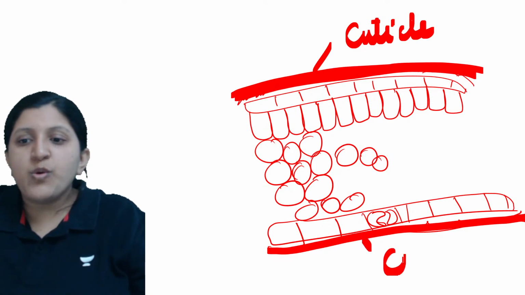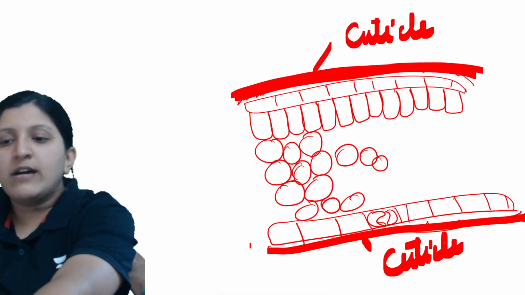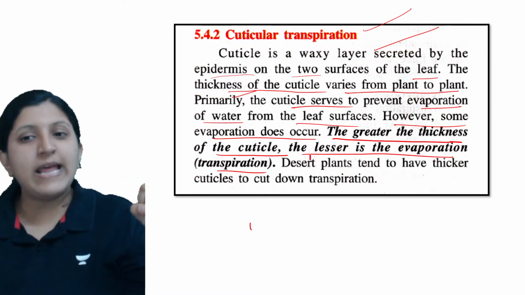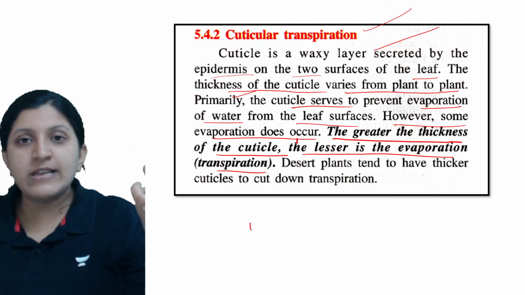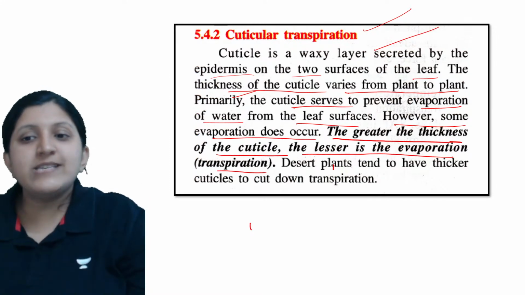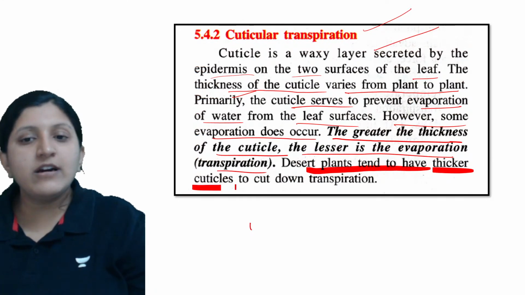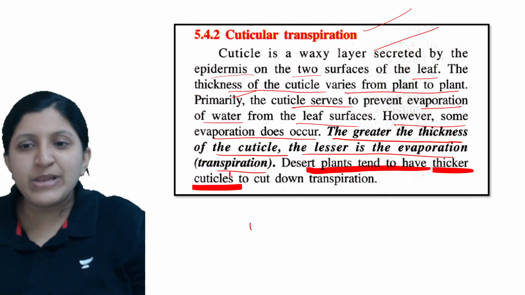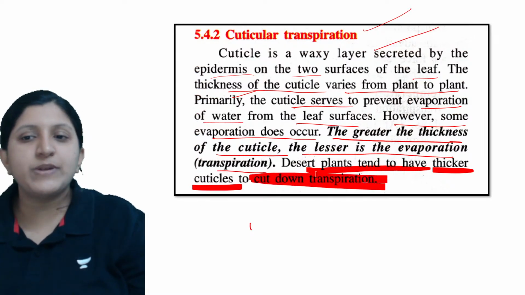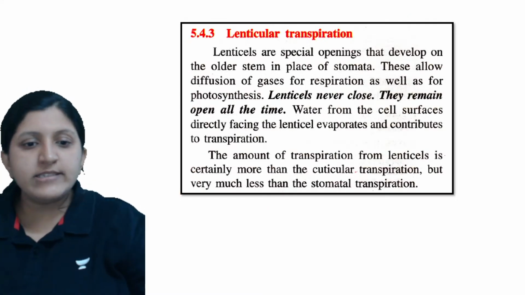If the cuticle is thicker, there is less transpiration. Desert plants have a thicker cuticle because very little water is available, to cut down transpiration. All right, any doubt? Now lenticular transpiration.